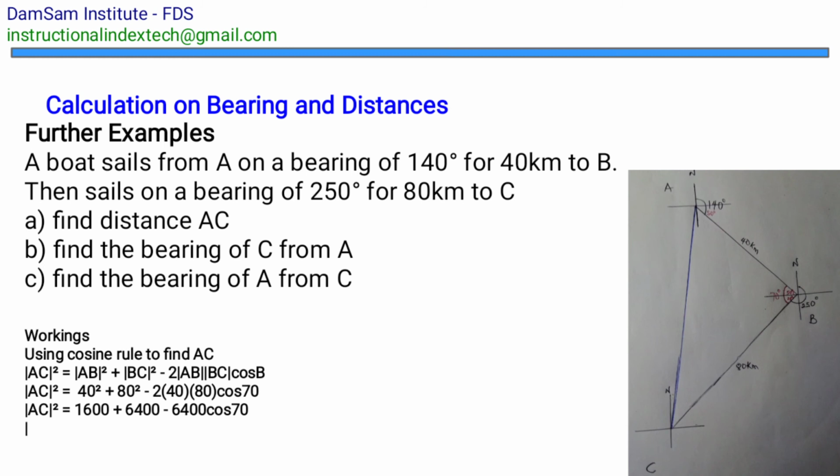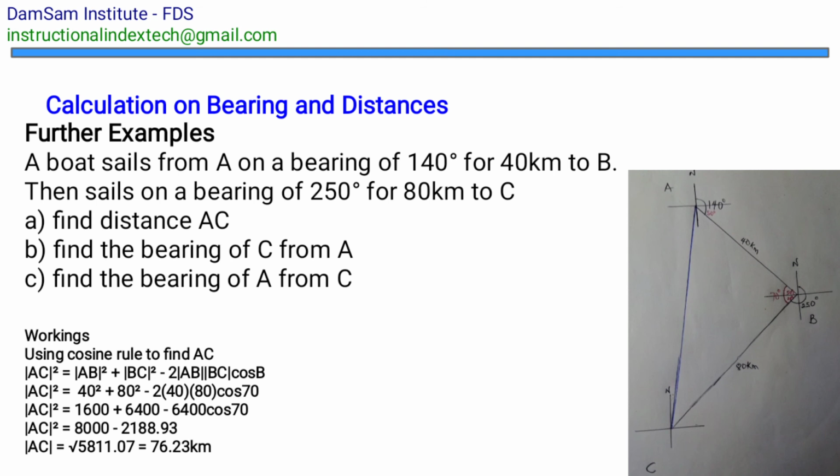Then we can proceed to add 1,600 plus 6,400 to give us 8,000 minus 6,400 cos 70, which will give us 2,188.93. Then when we simplify, meaning 8,000 minus 2,188.93, it will give us 5,811.07, and we take the square root of both sides.